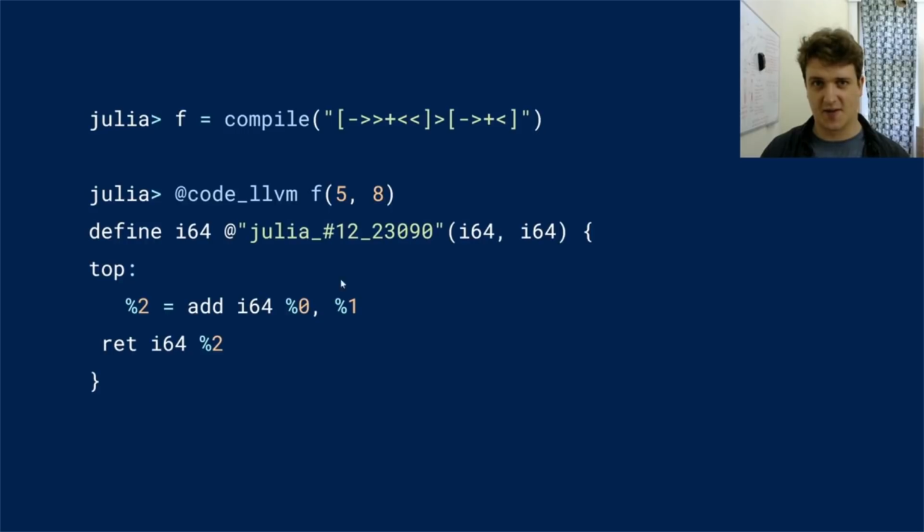Because we specialized this interpreter, we got 2 loops out of it, but then LLVM did its own pattern matching optimization and recognized that those 2 Julia loops were equivalent to a single integer addition. And so we effectively have an optimizing compiler via an interpreter, a specializer, and LLVM.